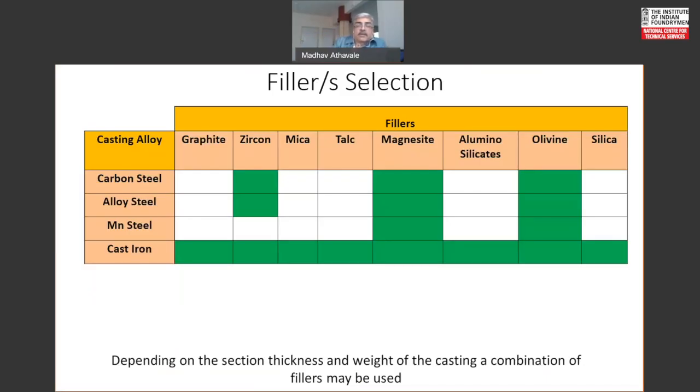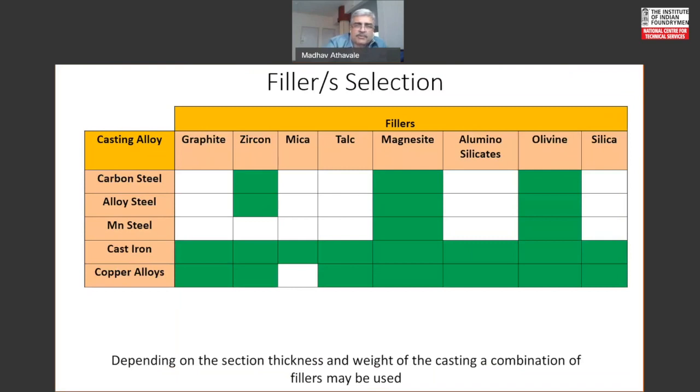While when it comes to, say, cylinder heads where you are using cold box, then you may use a combination of aluminosilicates, mica, etc., and silica. In fact, in some cases, some proportion of even iron oxide will be used for specific purposes.